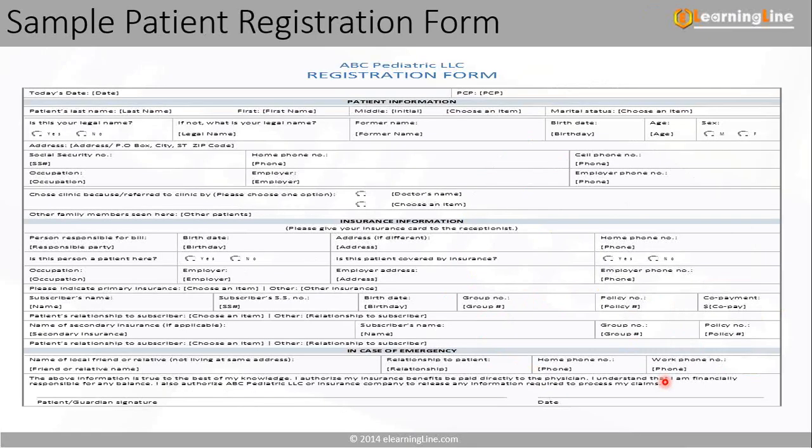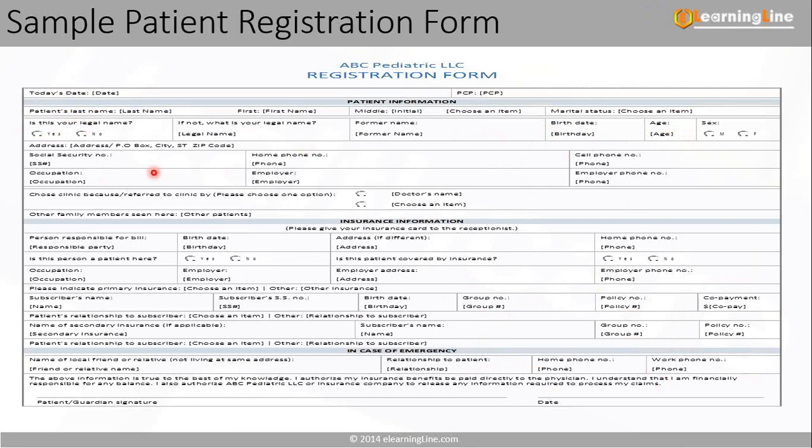This is your sample patient registration form. I'm just going to give you the high-level information to understand, because every physician office has a different type of patient registration form, but everyone captures the same pieces of information. Patient last name, this is all the patient demographics.